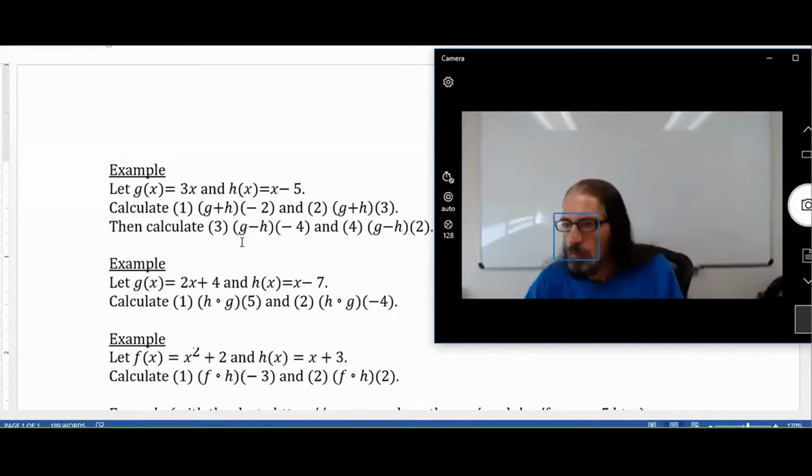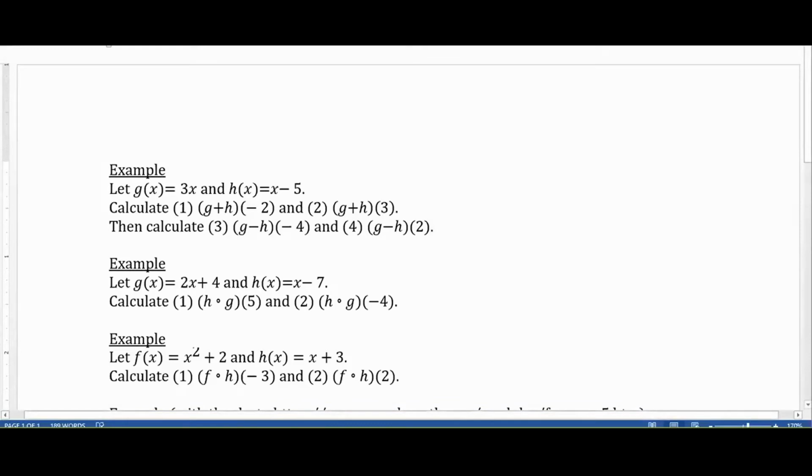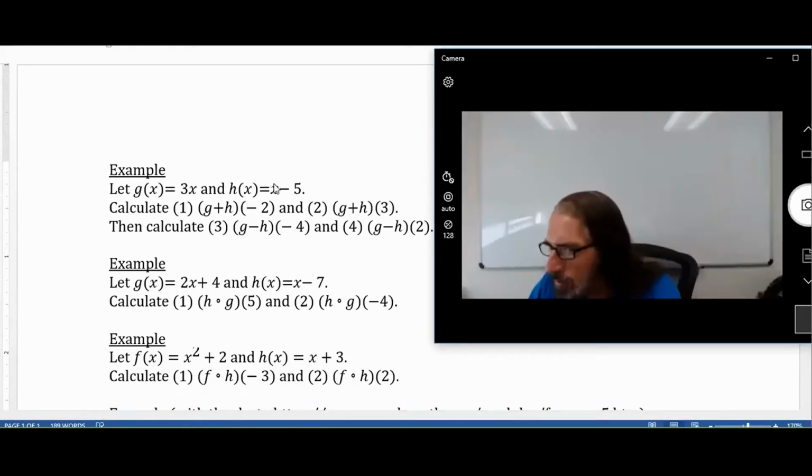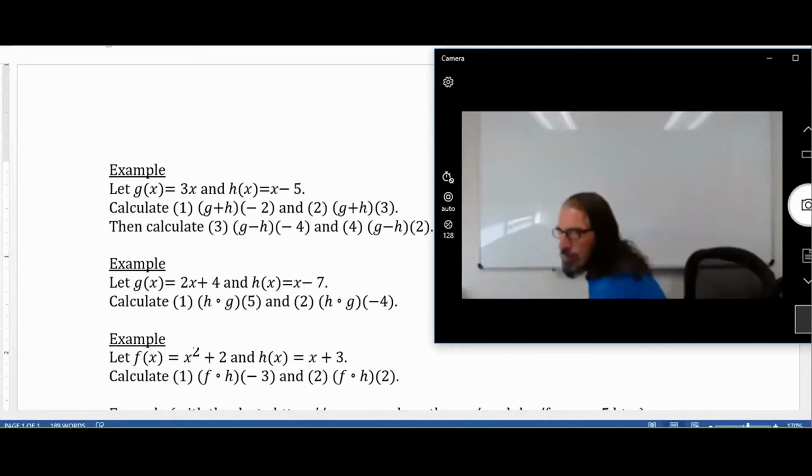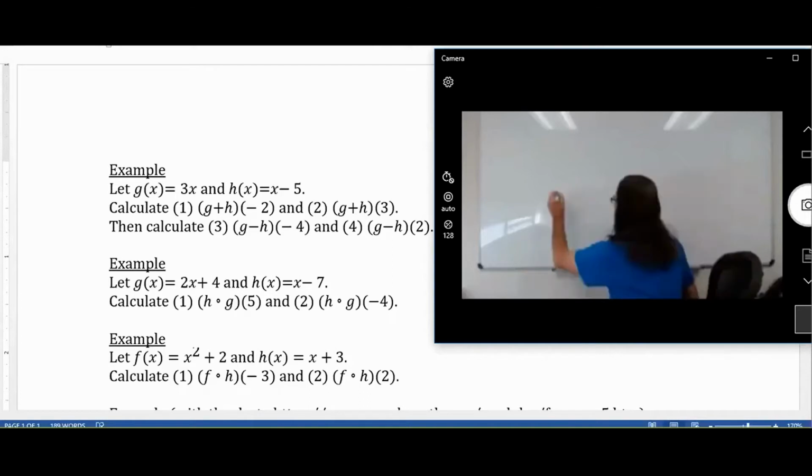So, taking a look at this first example, we've got g of x equals 3x and h of x equals x minus 5.